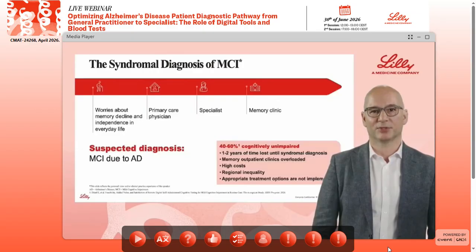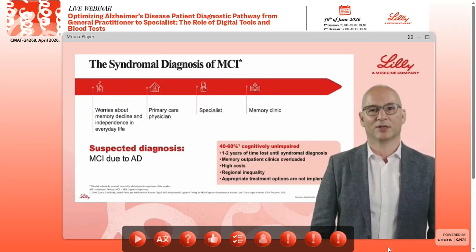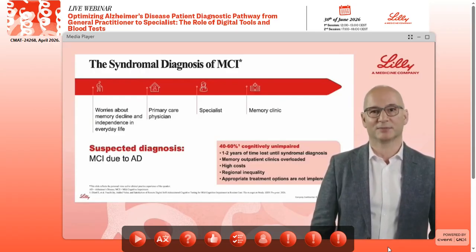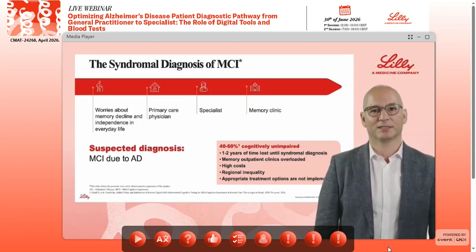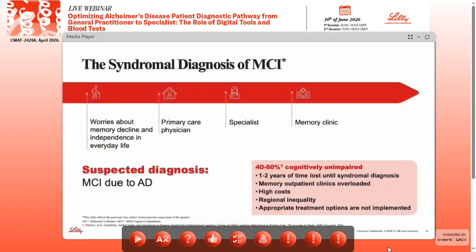So let's start with the syndromal diagnosis of mild cognitive impairment. As you all know, mild cognitive impairment is an impairment of, in most cases, memory function, where in neuropsychological assessment we have a deficit of 1 to 1.5 standard deviations below the age-related norm, and individuals who come for mild cognitive impairment usually come with worries about memory decline, but their independence in everyday life is usually preserved.